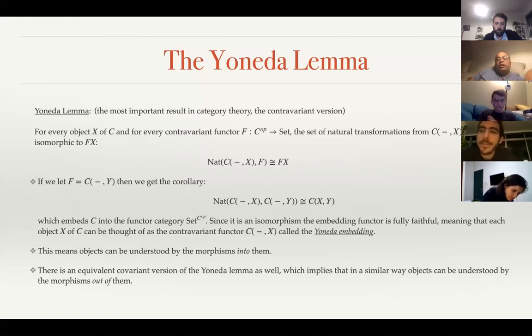So there is the natural transformation of two functors, which is isomorphic to the functor of, so on the right side, F of x means how x is sent from category C to some other category. So F of x is an element, and the left side is a set of all natural transformations. How could they be isomorphic?